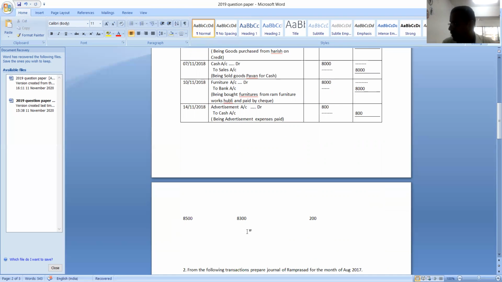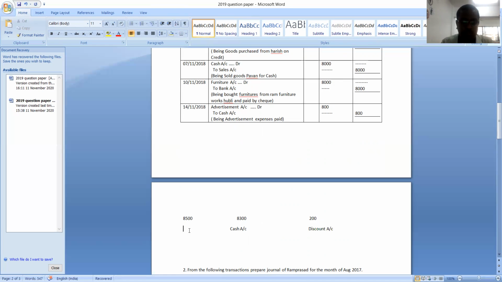How much have we received? 8,300. So this 8,300 will go to which account? It will go to the cash account. We received 8,300 rupees cash. So one is the cash account. Another account: we have given them 200 rupees discount, so another account is the discount account.